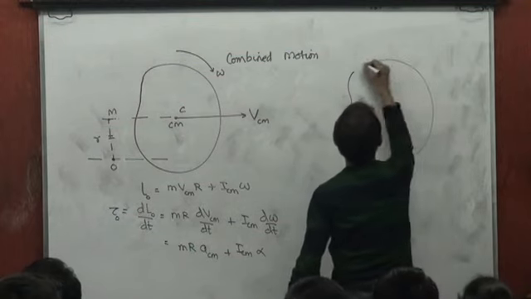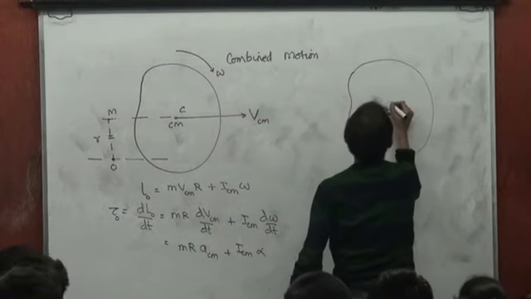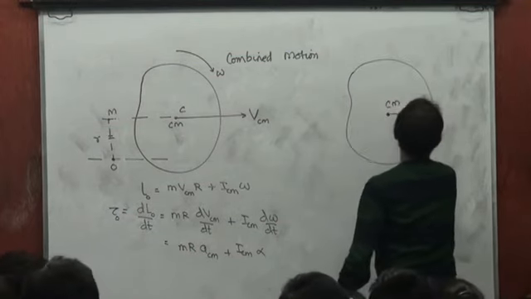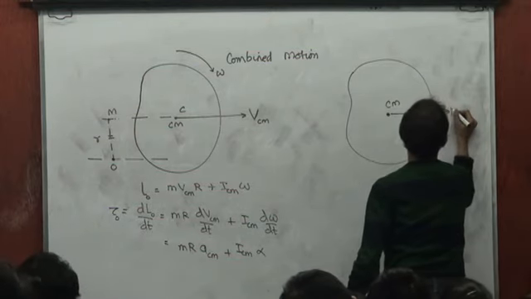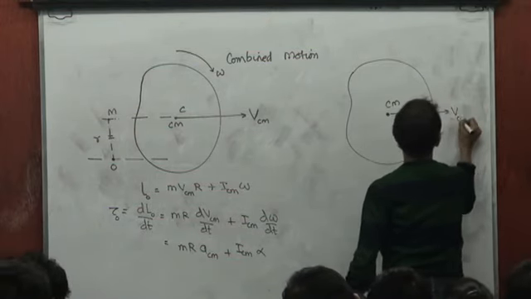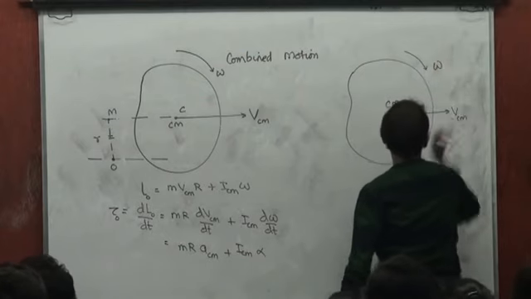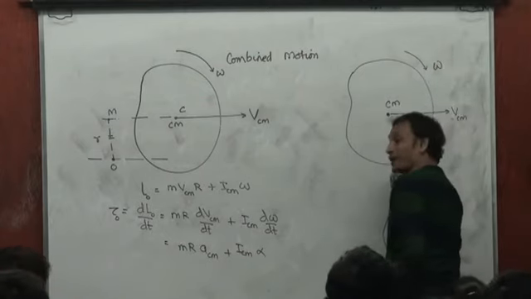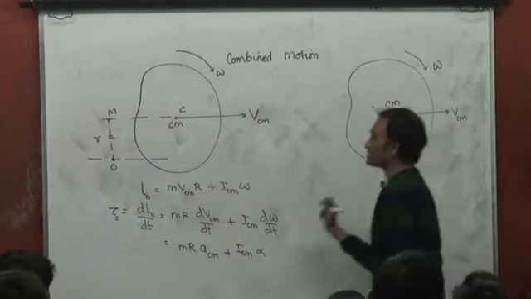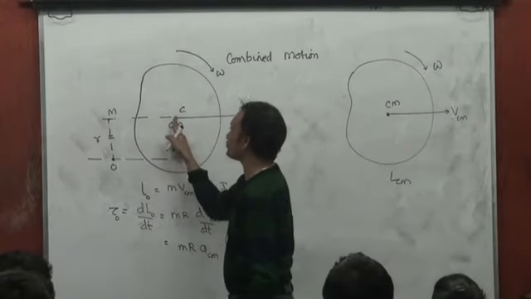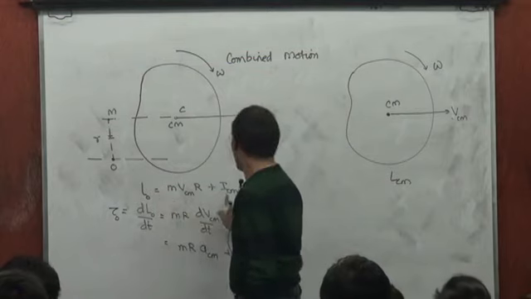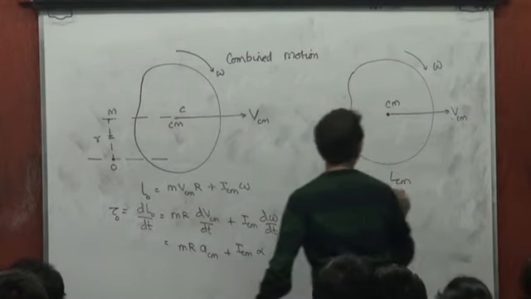But if I take the center of mass, what's L about the center of mass? That means if this O is the center of mass, then small r is 0. It will be simply I_cm omega.